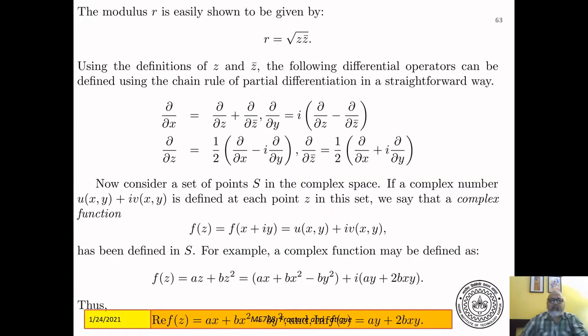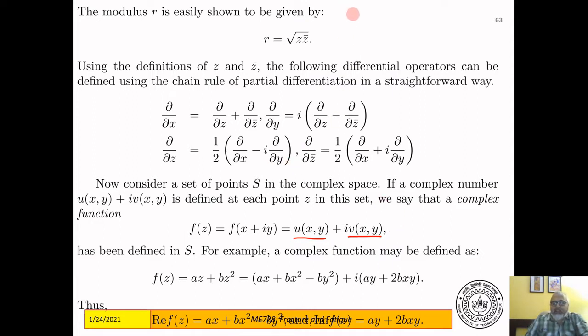Now we are going to look at functions of complex variables. So f of z is a function of z, which means it has a real part, which is a function of x and y, and an imaginary part, which is also a function of x and y.